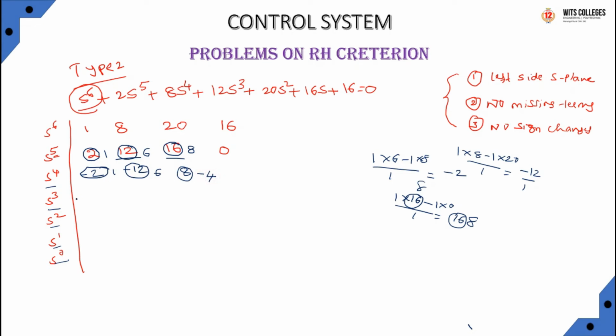Again, for s power 3, it is 1 into 6 minus 1 into 6 by 1, which is nothing but 0.